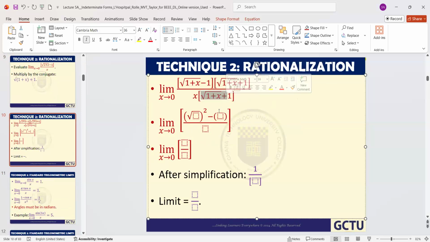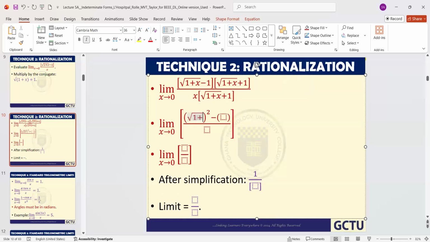And if you remember the method of multiplying by the conjugate, the numerator is going to be the first term squared minus the second term squared. Okay, so minus 1 raised to the power 2.